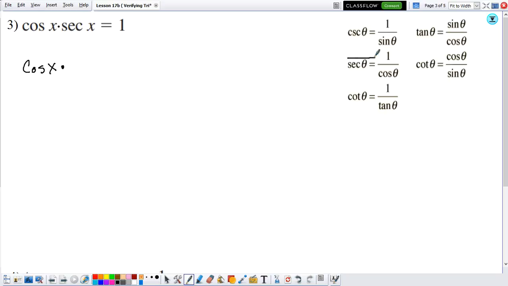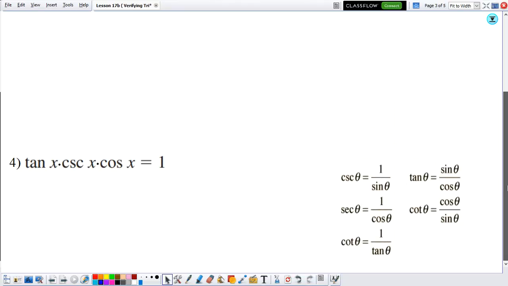But I can rewrite secant as 1 over cosine. The right side, we don't touch it at all. What do you notice about the cosines here? They cancel out. And here, we end up with 1 divided by 1, which is true. So we're done here.